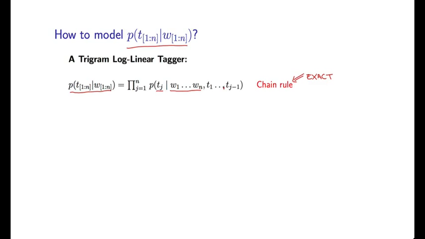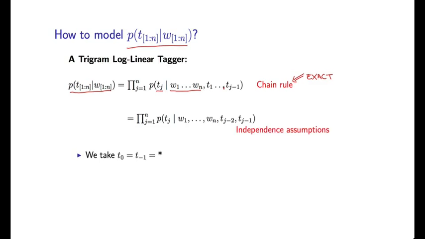The second step is to make an independence assumption, which looks very similar to the Markov independence assumptions seen in our trigram language models and then in our trigram HMMs. What have I done here?